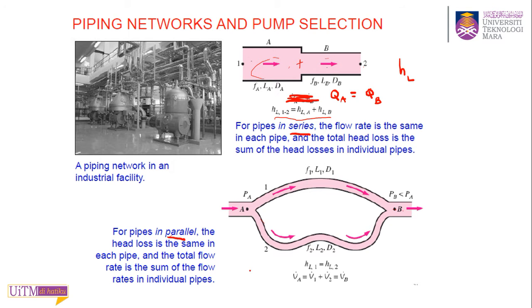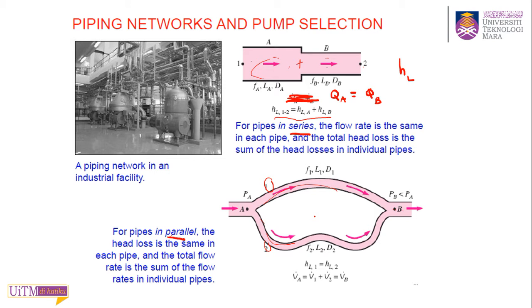But in a parallel piping network, the head loss of this pipe will be the same for each individual pipe. So the head loss in pipe 1 will be the same as the head loss in pipe 2.